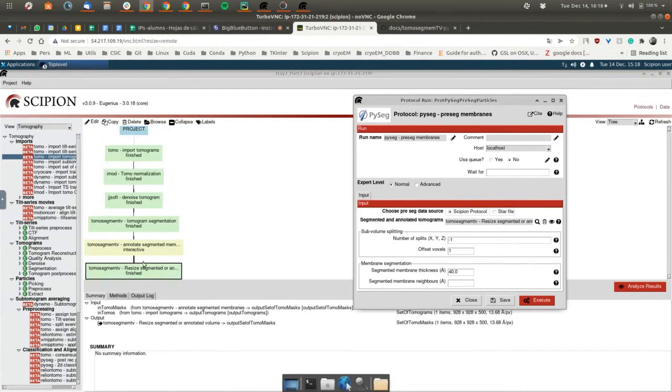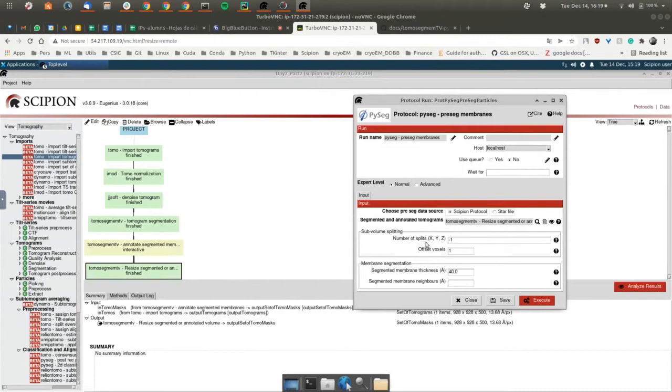This panel can be used, in case it's necessary, to split the vesicles if they are too large into different sizes by cutting each vesicle volume, its subtomogram volume, into as many parts as specified using this X, Y, and Z number of cuts.